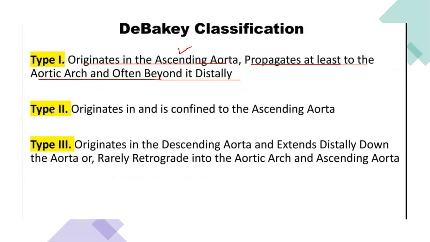In type 2, the intimal tear is in the ascending aorta, but the dissection is confined to the ascending aorta and the arch of the aorta. In type 3, the intimal tear will lie distal to the left subclavian artery, and the dissection will extend distally down the aorta, rarely retrograde into the aortic arch and the ascending aorta.